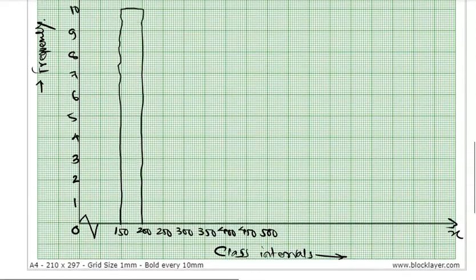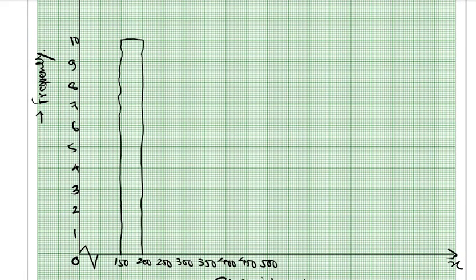Okay, so the next tower is 200 to 250, 5. The height should be 5. Next should be 7. So this height. Okay, and this goes down.